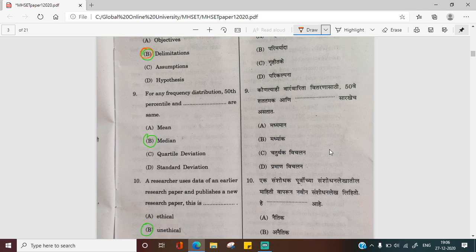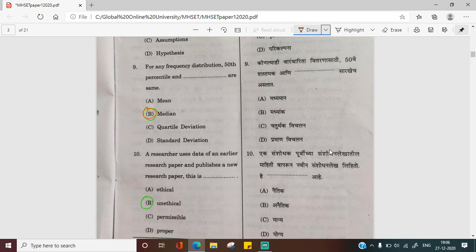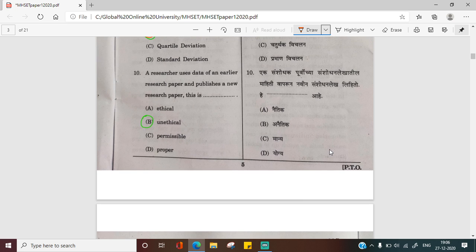For any frequency distribution, 50th percentile and dash are same, and median are same. The right answer is B. So this is an important point that I want to tell you. A researcher uses data of an earlier research paper and publishes a new research paper. This is called, so the answer here could be ethical, unethical as well as permissible.